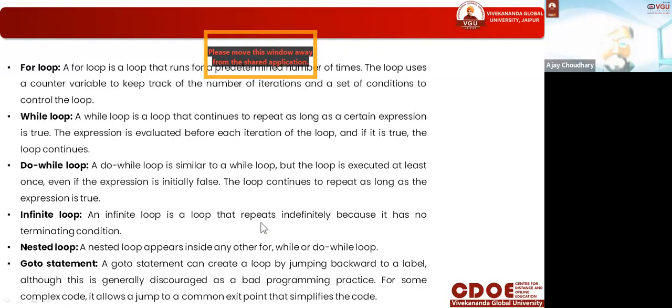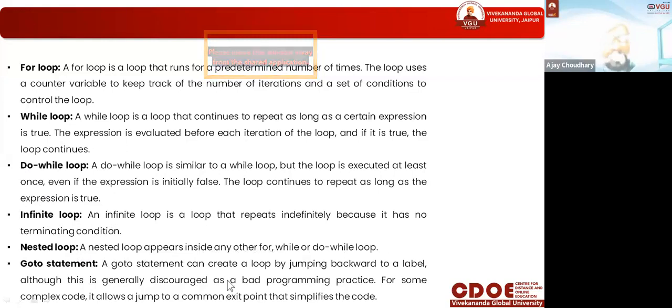An infinite loop is a loop that repeats indefinitely because it has no terminating condition. That means the loop is a never-ending process. So we also confirm that we need to terminate a loop after the condition is true or false. A nested loop is when we use two or more loops, with one loop appearing inside another for, while or do while loop.